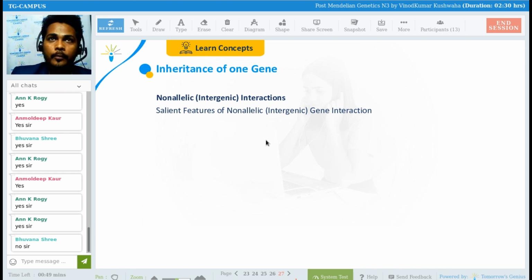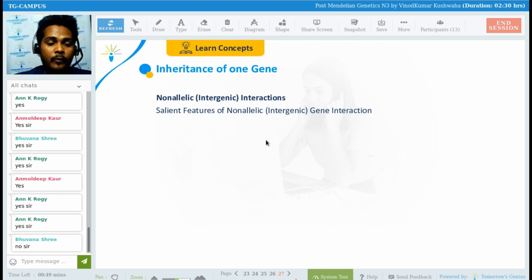Okay. So as of now, we have completed the intragenic interactions. Now the non-allelic, or we can say intergenic, interactions. You know very well that there are various types of intergenic interactions.